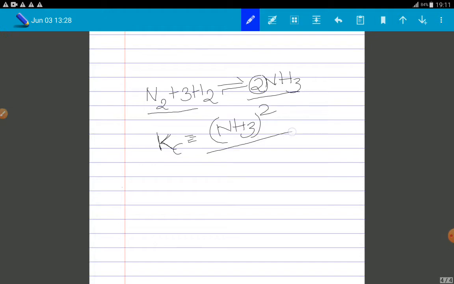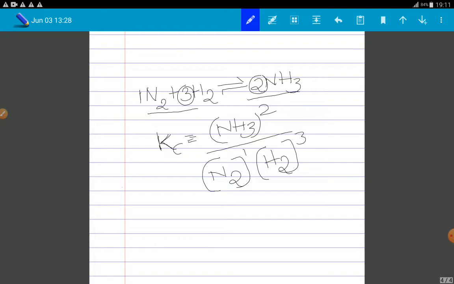Next, divide by the reactants, nitrogen and hydrogen. The molar concentrations are written in square brackets. For nitrogen the coefficient is 1, and for hydrogen the coefficient is 3, so that is raised to the power 3.